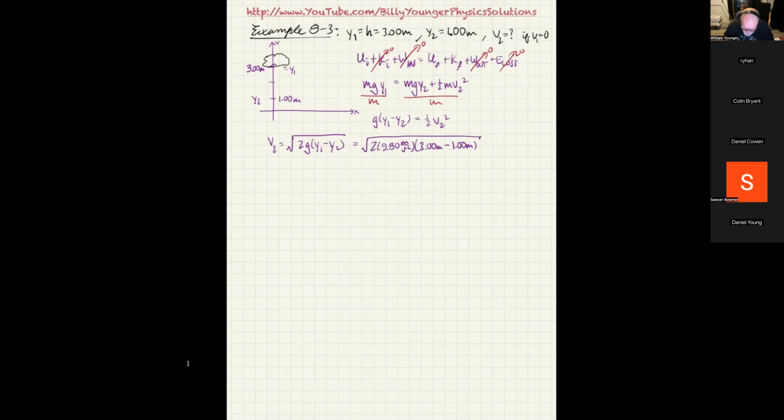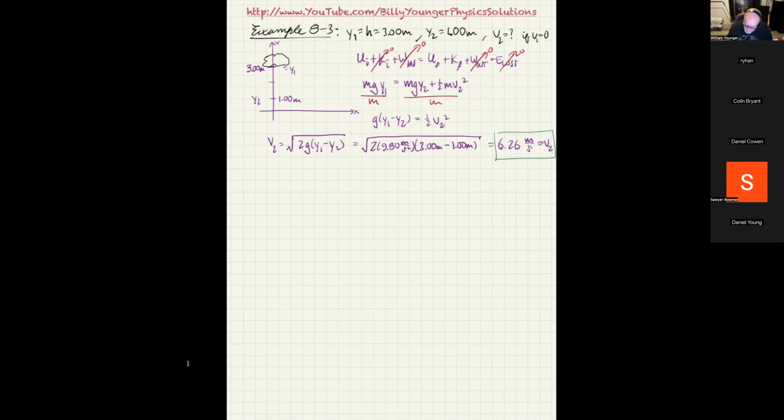So when you take the square root of that, you're just going to get meters per second. So I'm going to take the square root of 4 times 9.8, and that gives me 6.26 meters per second, and that's V2.